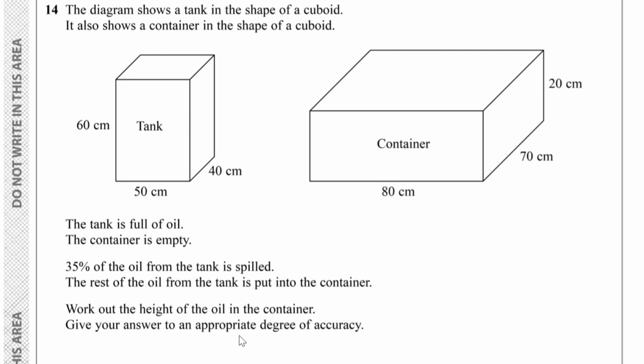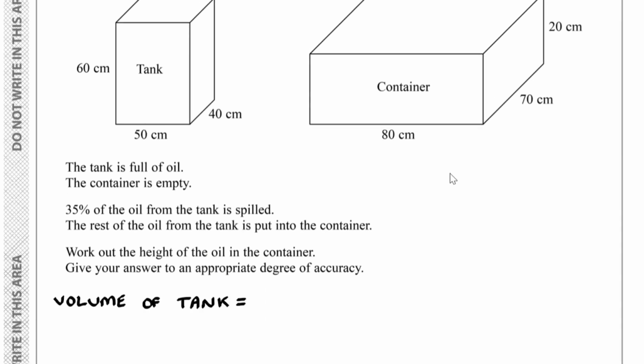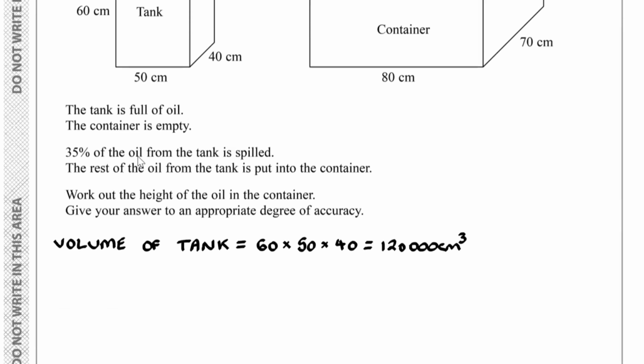So, first thing we can do is find out the volume of the tank. That will equal 60 multiplied by 50 multiplied by 40, which is equal to 120,000 centimeters cubed. Now we are told that 35% of the oil from the tank is spilled, and this means 65% is left over.